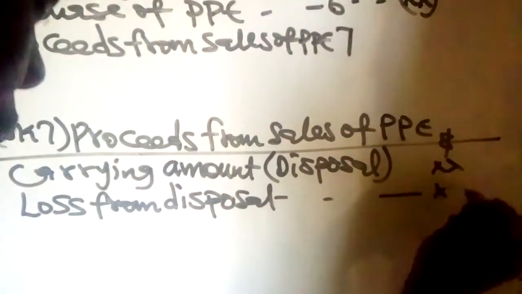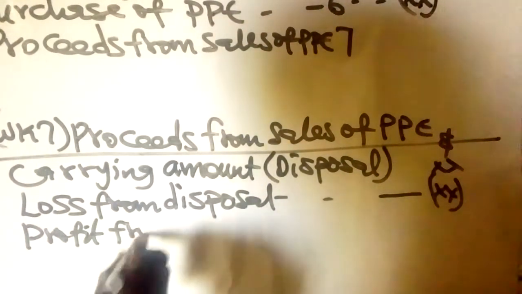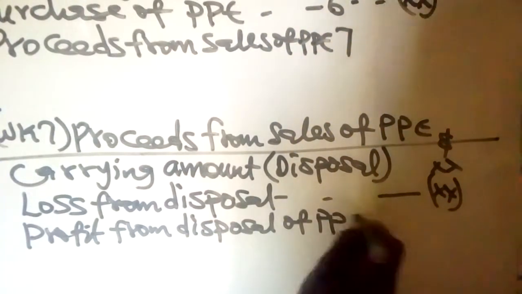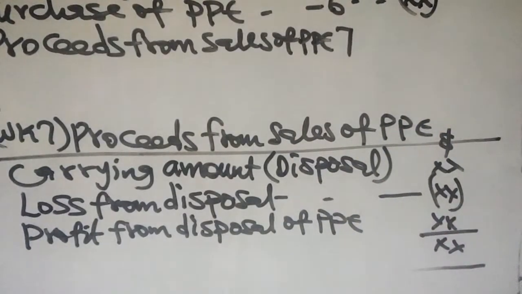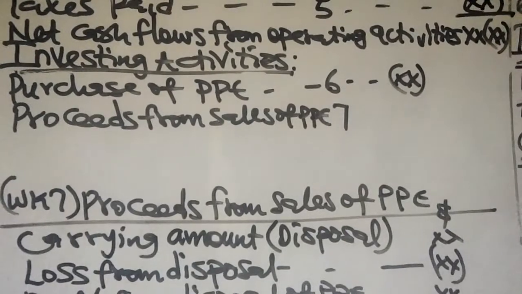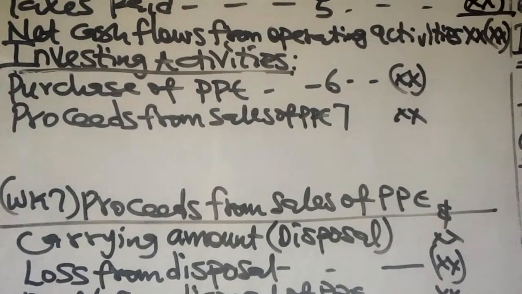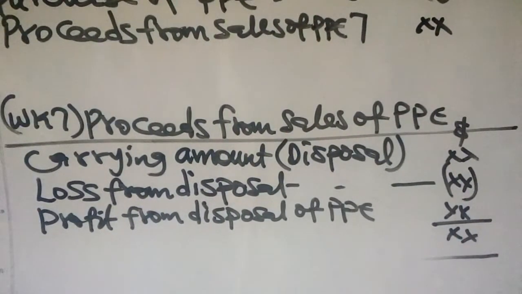But if it is sold at a profit, you add the profit, then you get the proceeds from the disposal of PPE. It is this proceed that will be reported here. It may be given directly in the question, but where it is not given, you will be required to ascertain it using the format I have given you.